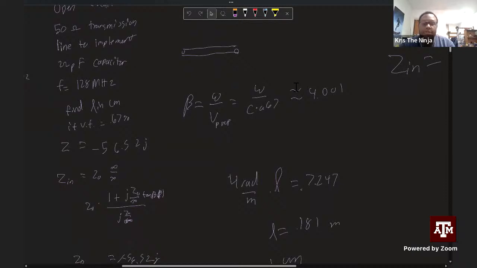The first thing you have to do is find the impedance of the capacitor, and that ends up being negative 56.52 j. And Zn has its formula. I did not write it down properly, but I do think I have a picture of that.